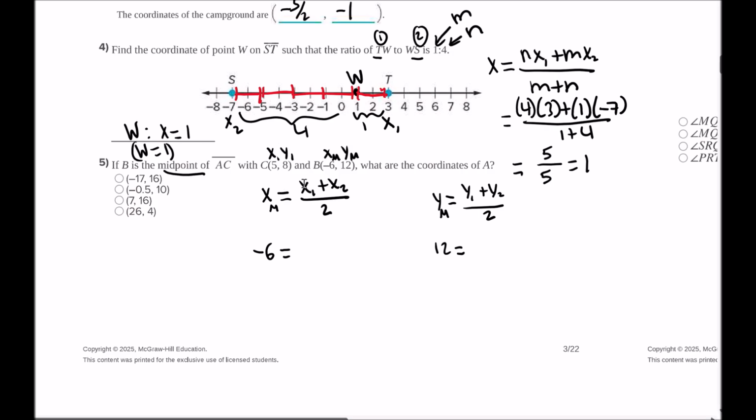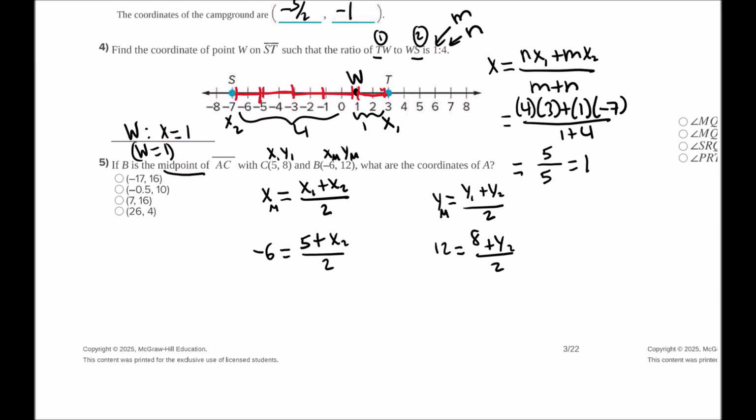And we don't know what x2, y2 is. That's what we're trying to find. So x1 is 5, and y1 is 8, plus x2 over 2 plus y2 over 2. And we're trying to solve for x2 and y2.